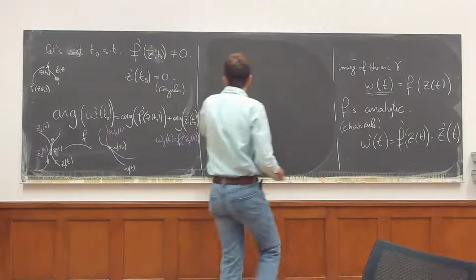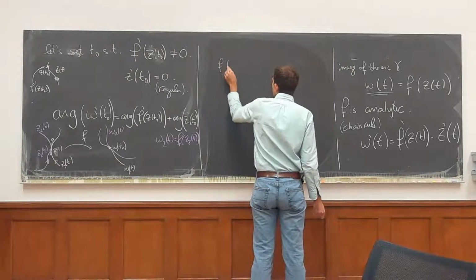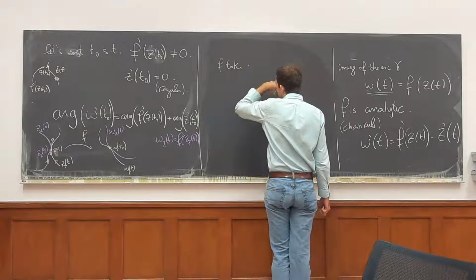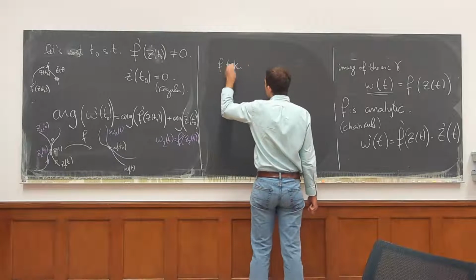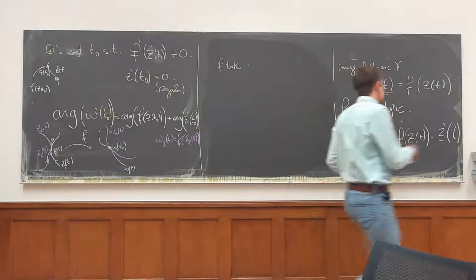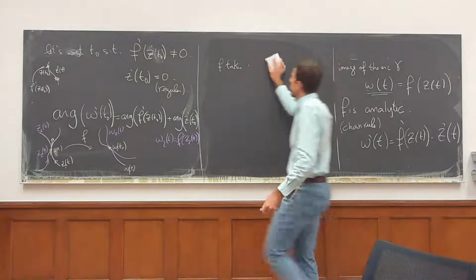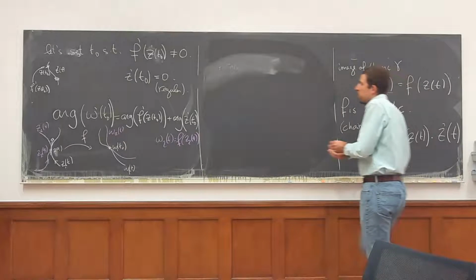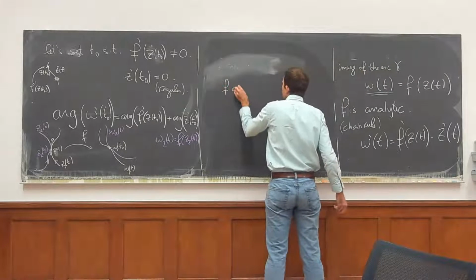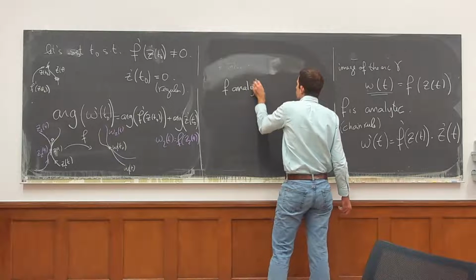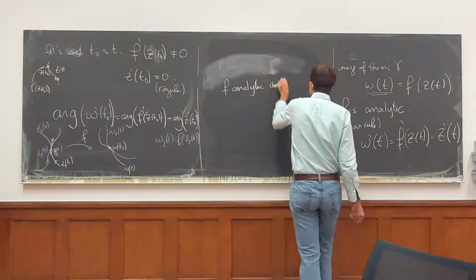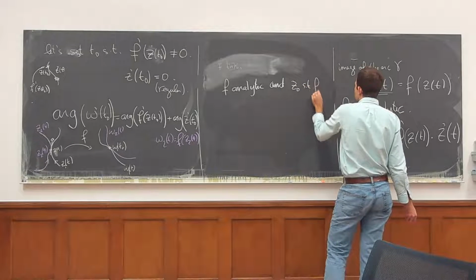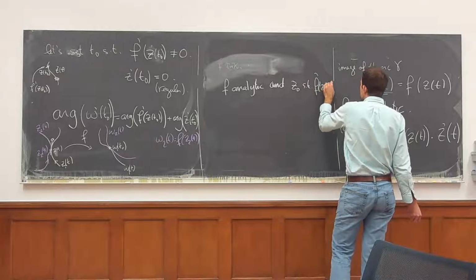So, let's say f is analytic, and some point z0 is such that f prime of z0 is not 0.